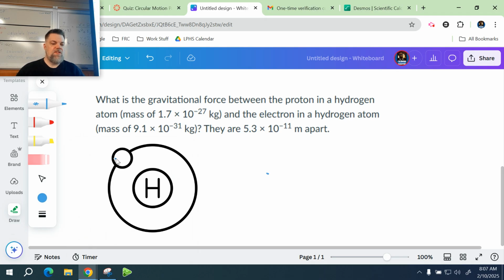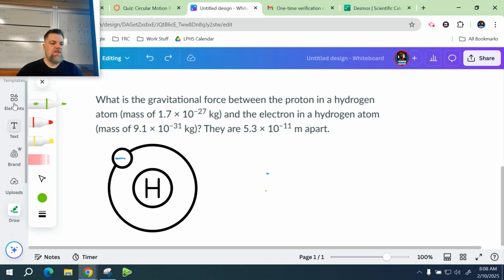I went in here. This is an electron, right? And then this big circle here, because protons are way more massive, this right here is the proton, right? This whole thing. Actually, I should probably undo that.